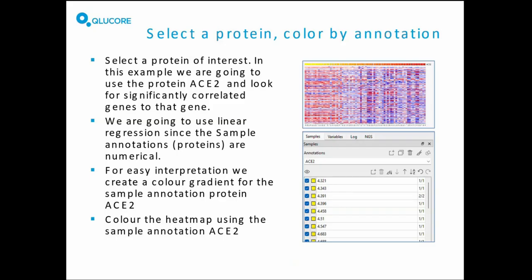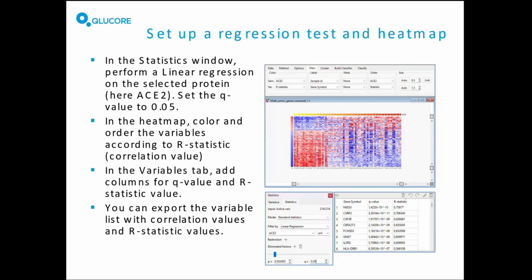To the right, you can see the individual values for ACE2, which are numerical values in the protein dataset, but will be used as a numerical annotation in the transcriptomics dataset.